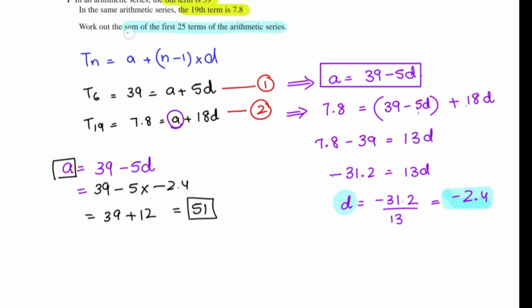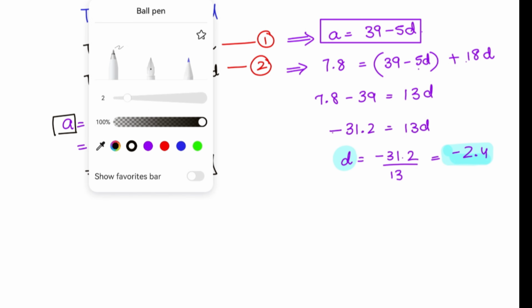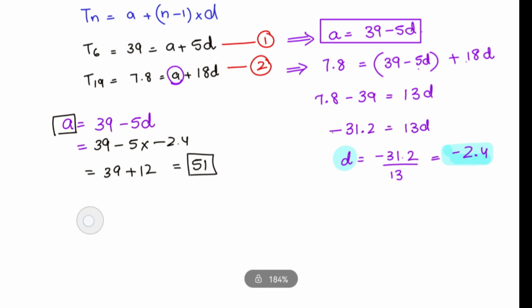Now in order to find the sum of first 25 terms, the formula is Sn is equal to n over 2 bracket 2a plus (n minus 1) into d.